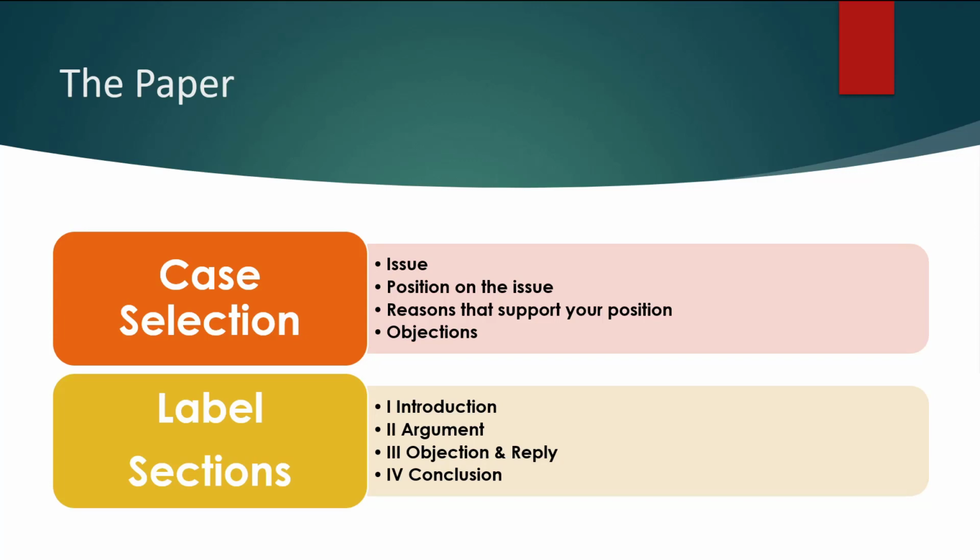Are they objecting? What are they doing? And if a person grading a paper is saying, what is going on here? That's always bad. So one easy way to organize things is to follow the sections. There's an introduction, an argument, objection, reply, and then last, and almost least, the conclusion.